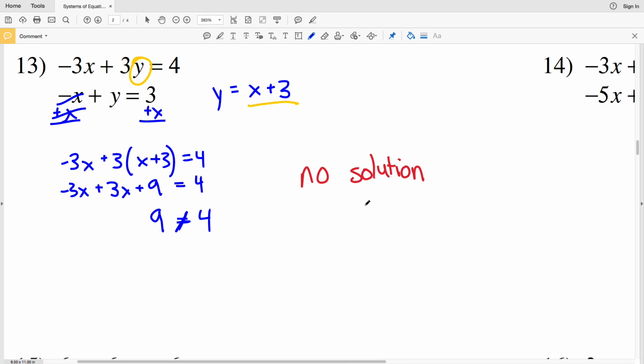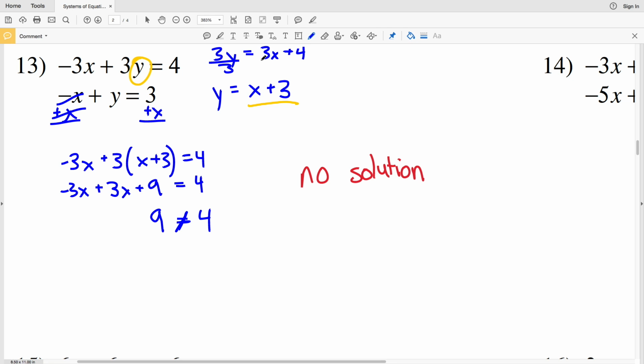Now if you want to think about this, remember, for there to be no solution, if we go back to solving systems of equations by graphing, those lines will be parallel and have the same slope. So if we were to solve this first equation and write it in y equals mx plus b, we'll add 3x to both sides, so we'll have 3y equals 3x plus 4.